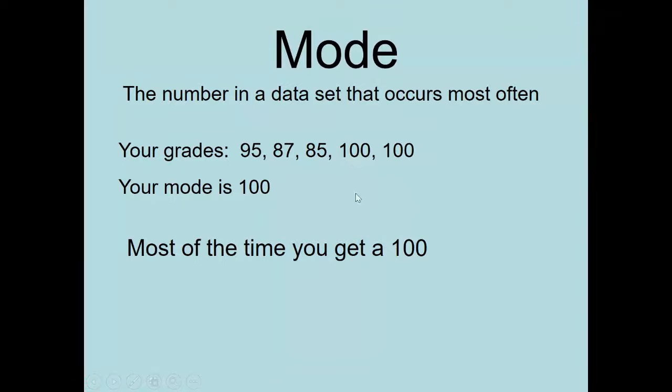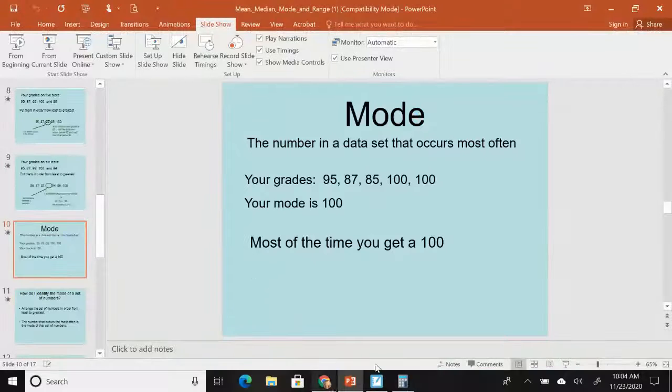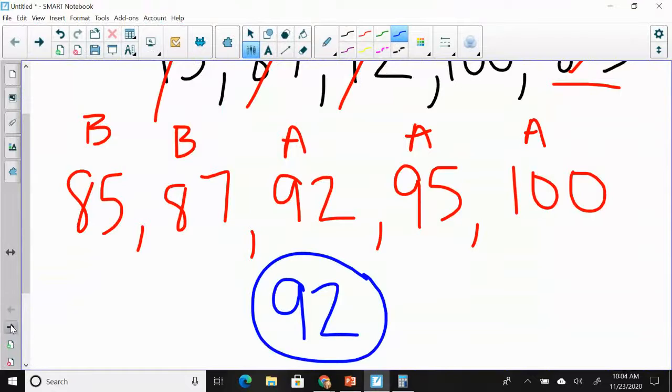Likewise, you can have more than one mode. So let's say we had two 100s, and let's say this 85 was a 95. I can't write on this. But if this 85 was a 95, you would have two 95s and two 100s, then you would have two modes. So let me show you an example.